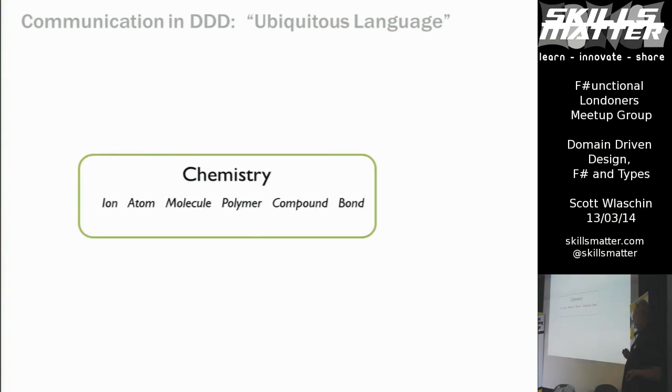So another thing in the world of domain-driven design is what they call ubiquitous language. If you're working in a particular domain, say chemistry here, you have some jargon that you use. If you're working in trading business, you have jargon, and each business has their own jargon.